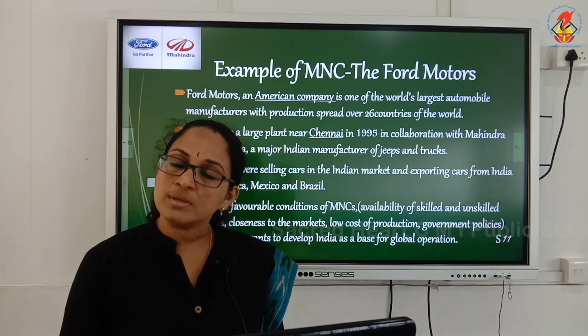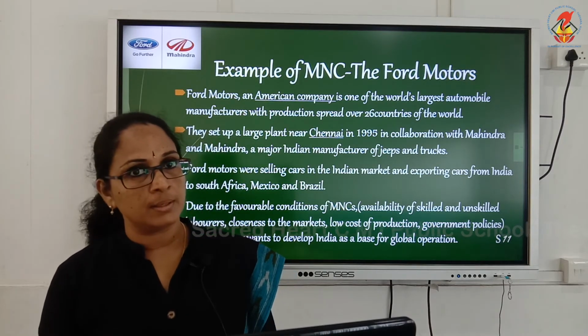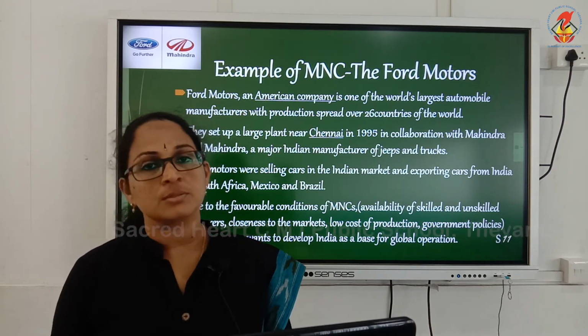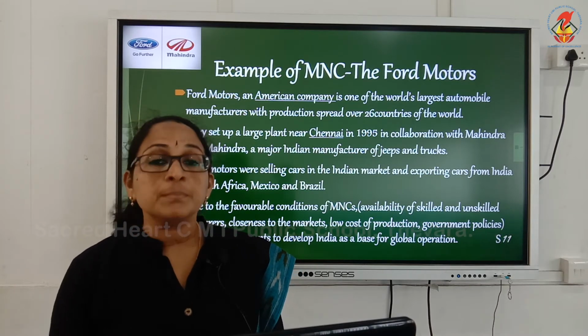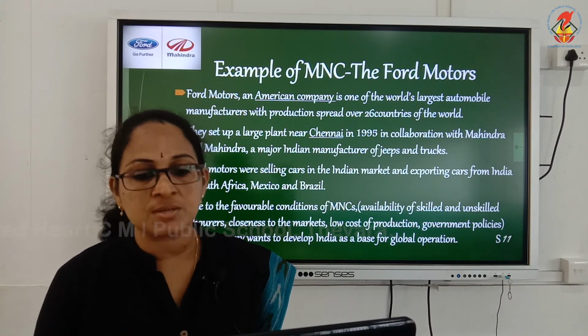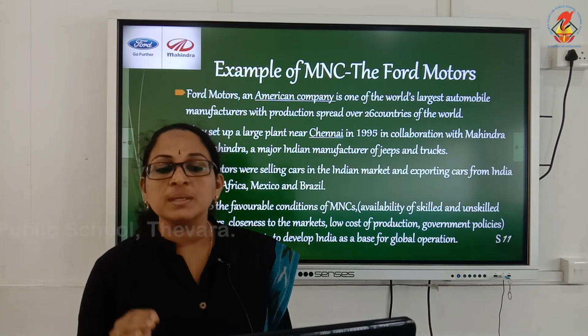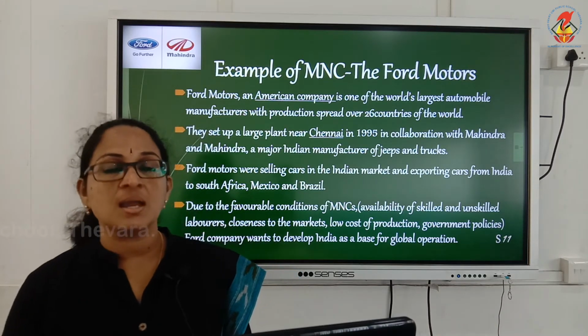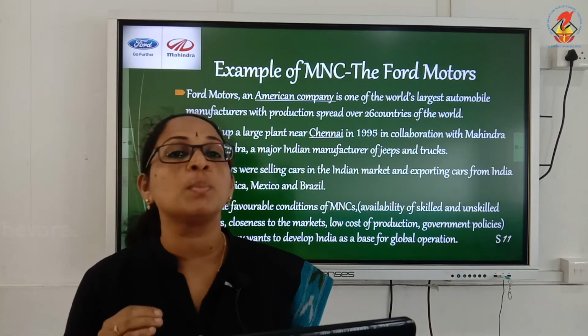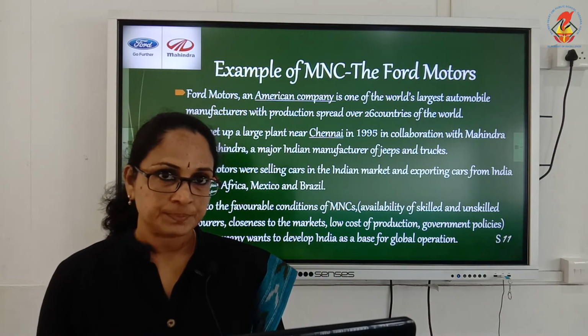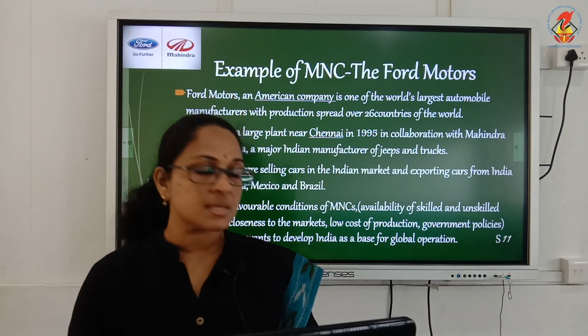Ford Motors was selling cars in the Indian market and also exporting to other countries, children. Due to the favorable conditions for multinational companies, Ford now wants to develop India as a base for their global operations. So what does this example say, children?